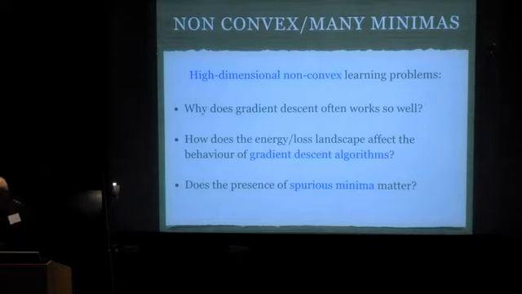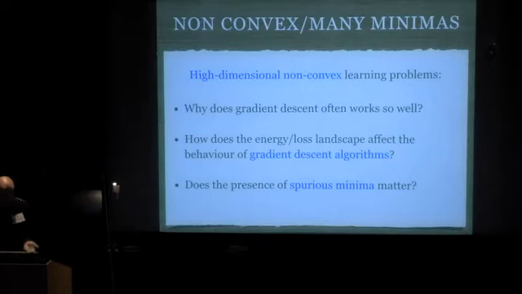In practice, what you want to care about is how the energy landscape affects the behavior of the gradient descent algorithm. We have this idea that when there are many minima, it's hopeless. Is it true that when we have many spurious minima with high values that are not correlated with anything, it is really hopeless?